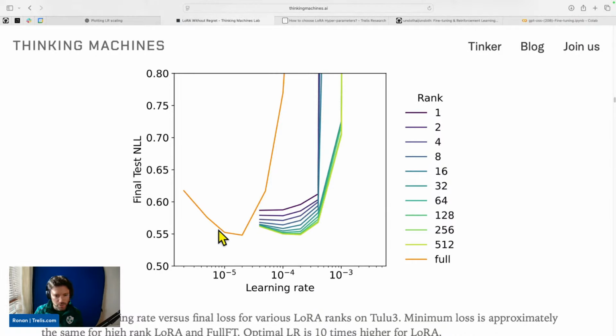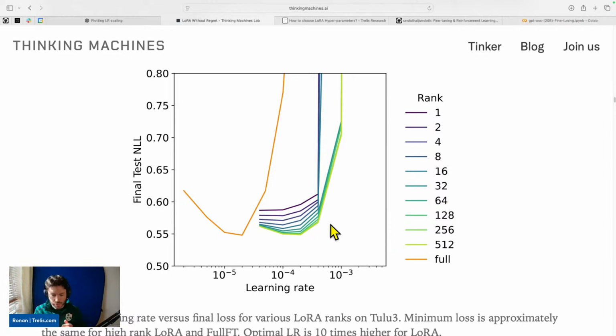And it's telling us here are the different losses you get if you complete training. So you go right to the end of all your gradient steps. This is the final loss, and this is how it varies with the learning rate, which is shown here on a logarithmic axis, which you want to keep in mind. And there is the loss curve here for the full fine-tuning, and then there are these loss curves here, which are for the different ranks, going from 1 all the way up to 512.